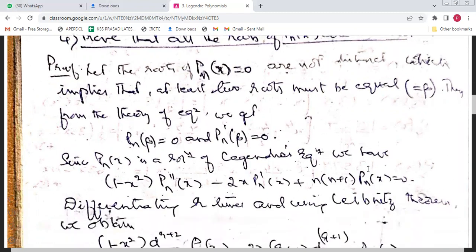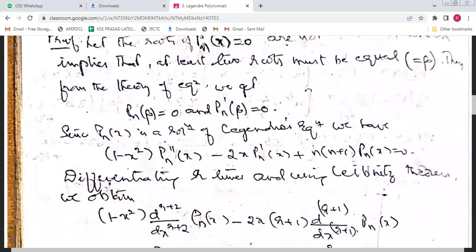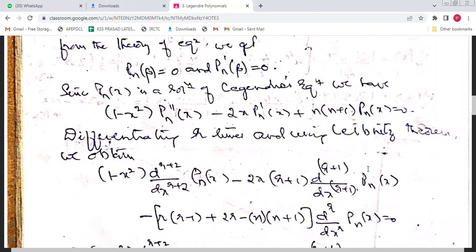Differentiating this r number of times using Leibniz's theorem, we obtain 1 minus x square times the r plus second derivative of Pn of x minus 2x times r plus 1 times the r plus 1th derivative of Pn of x, minus r into r minus 1 plus 2r minus n into n plus 1 times the rth derivative of Pn of x equal to 0.